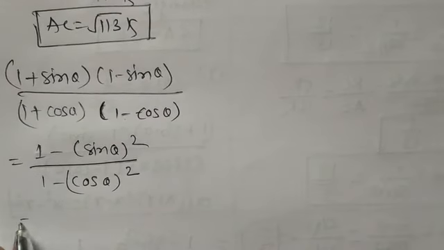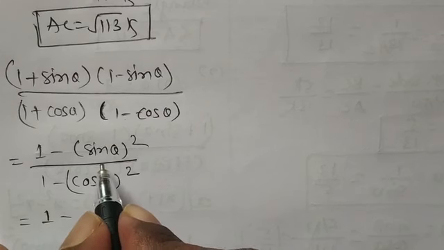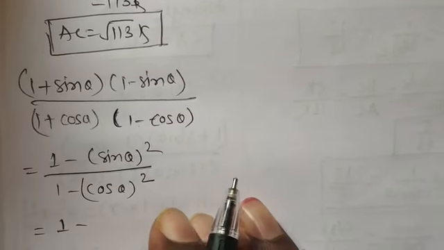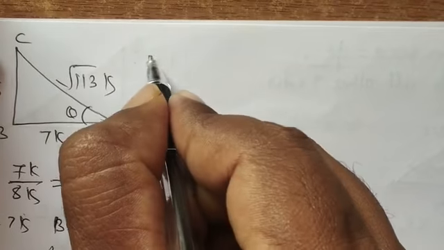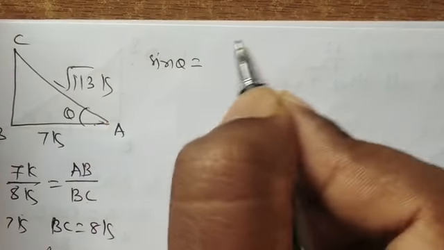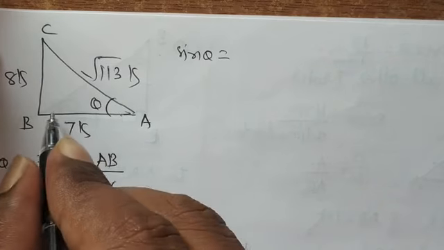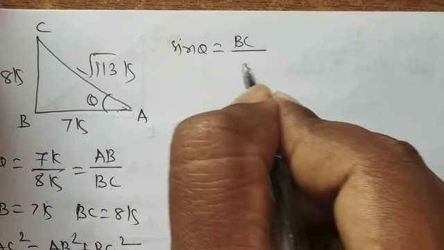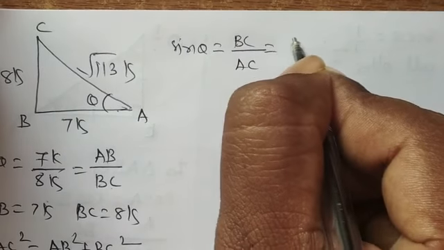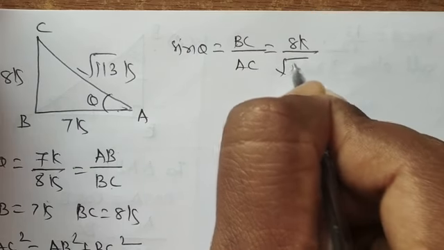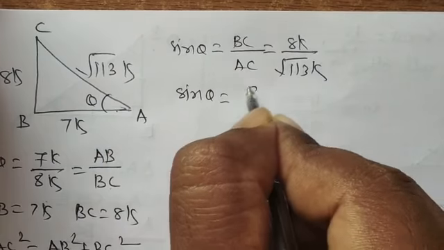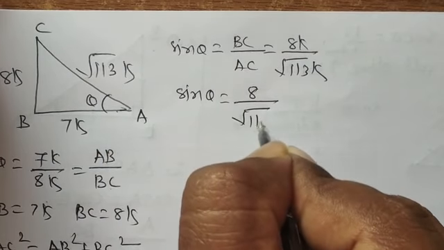Put the values here. What is sin theta? Opposite side upon hypotenuse. What is the opposite side of theta? That is BC upon AC, that is 8k by root 113 k. So sin theta equals 8 by root 113.